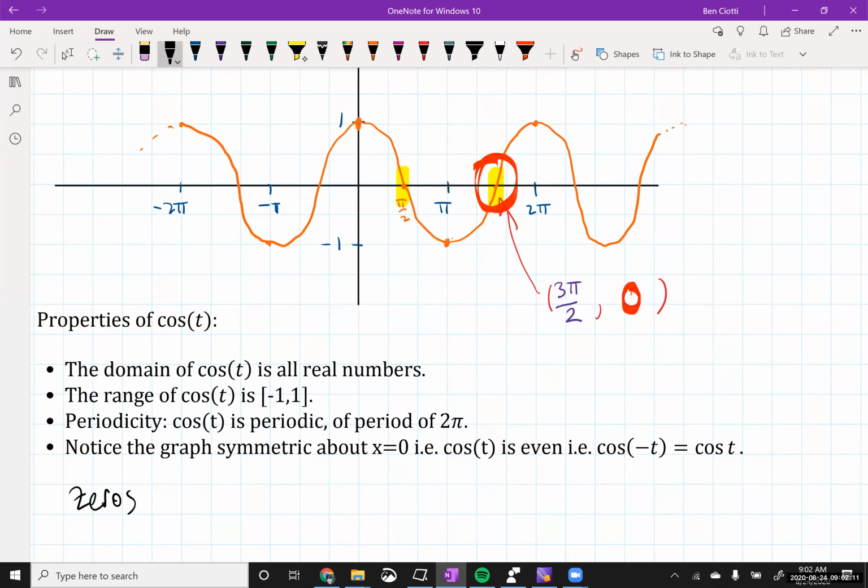Cosine of x minus pi over 2 is the same as cosine of negative x minus pi over 2, because cosine is even, right? You can always put a negative in front of the angle and get the same thing. But that's the same as cosine of pi over 2 minus x.